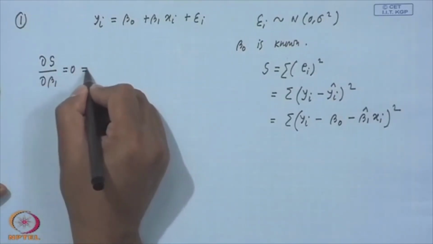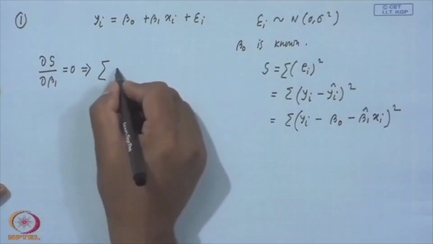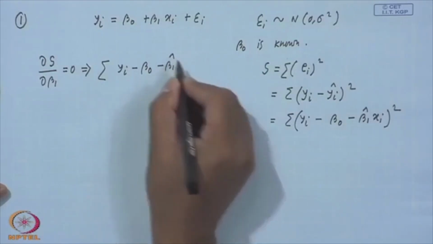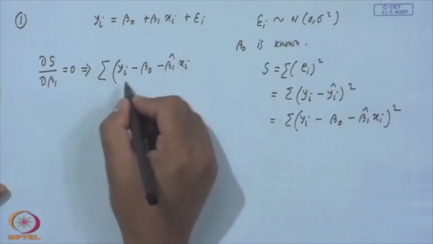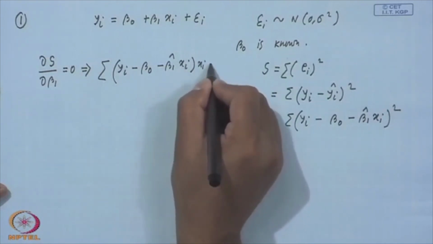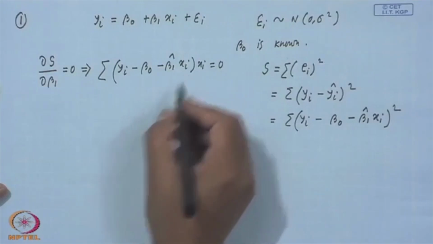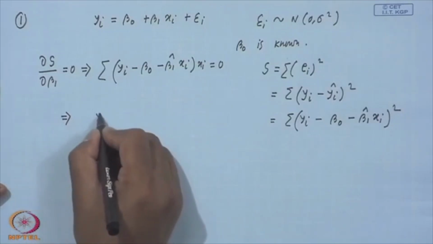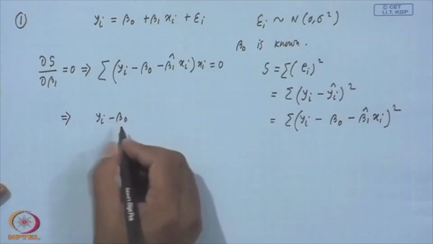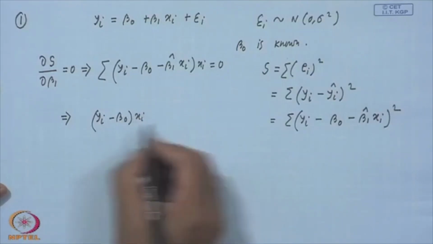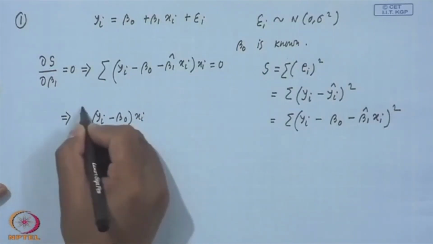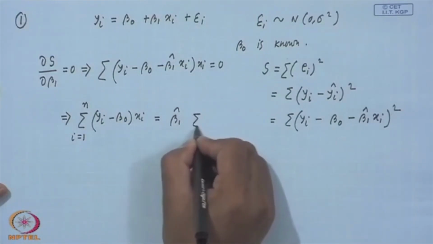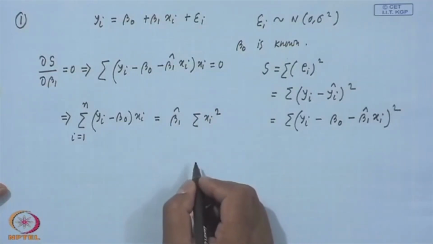This is equal to 0, which implies summation of y i minus beta naught minus beta 1 hat x i, into x i, is equal to 0, and from here I get that summation of y i minus beta naught into x i is equal to beta 1 hat summation x i square. Okay.